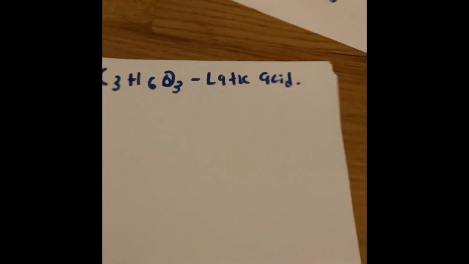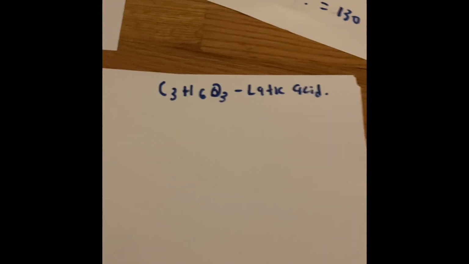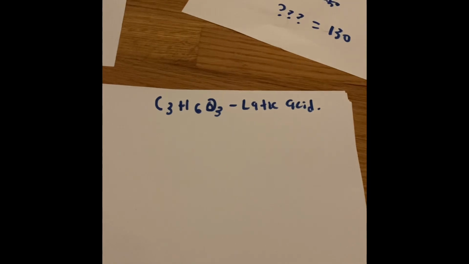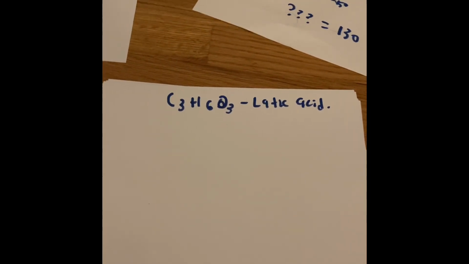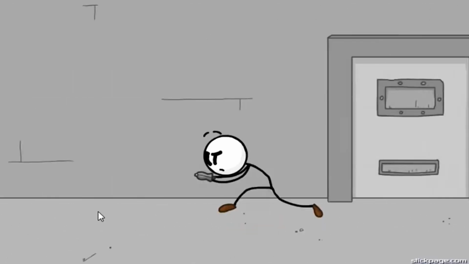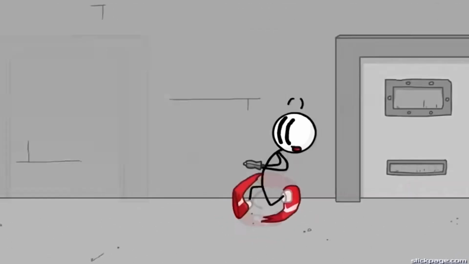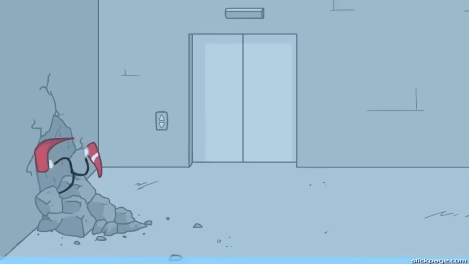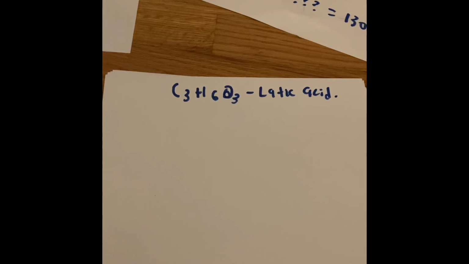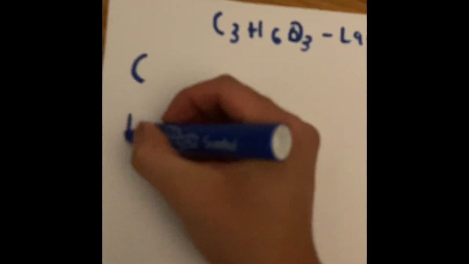And that is known as lactic acid, the chemical that appears in your body after you do some kind of rigorous exercise, like running. So we are going to find the molar mass of this compound right here.